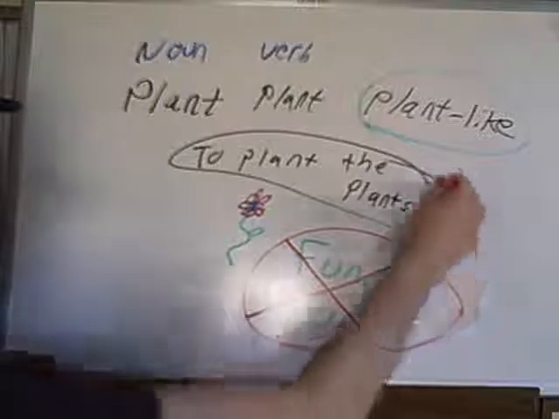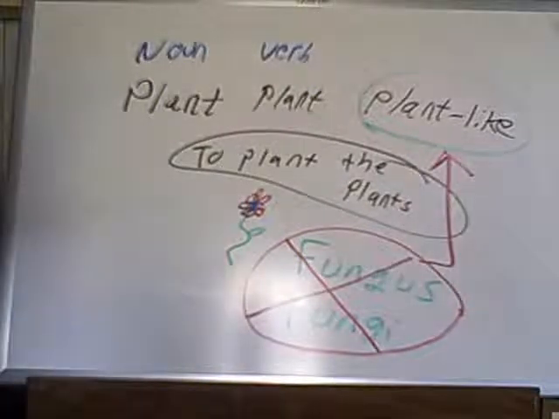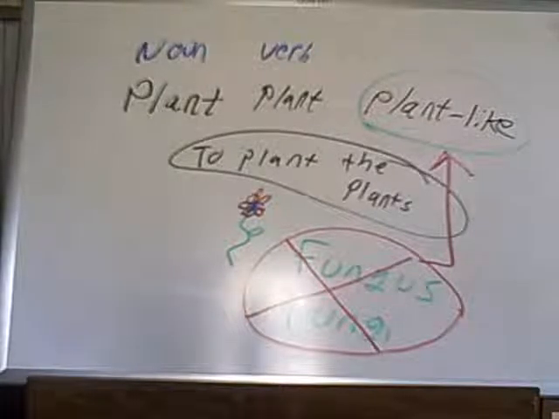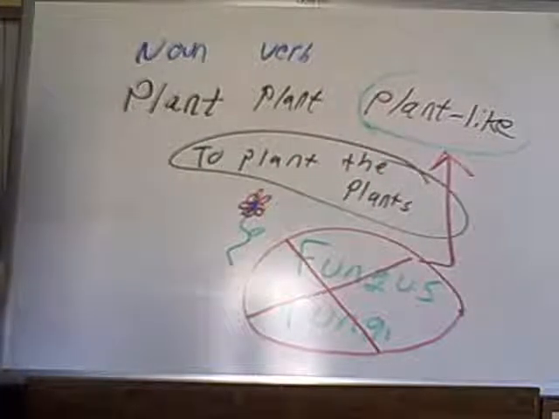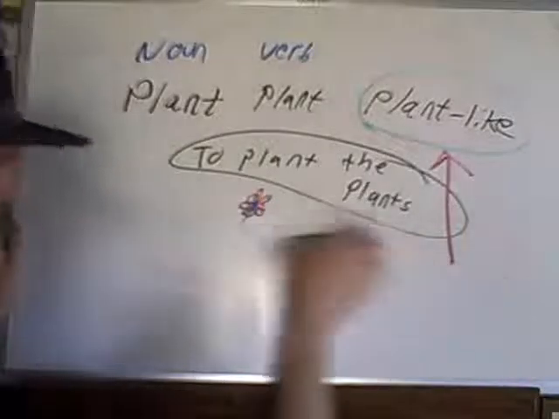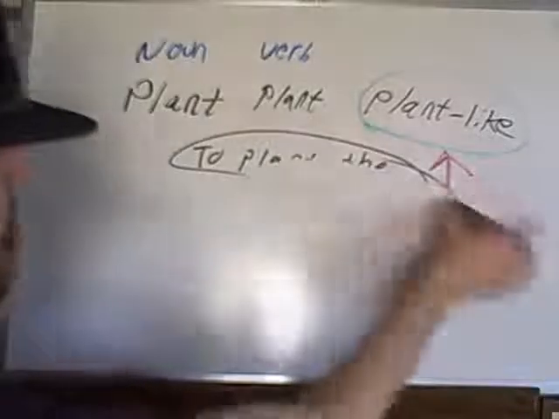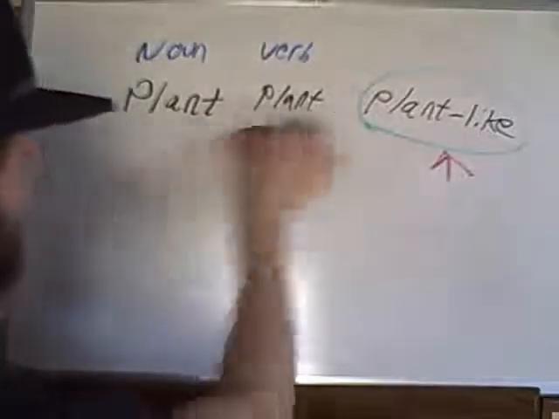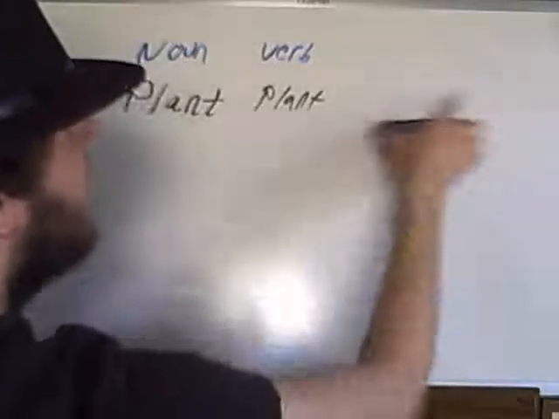But we can say they are plant-like. Okay? And that way we can use one hyphenated set of words to make that comparison without directly calling them plants, because they're not plants. Understand? Okay.